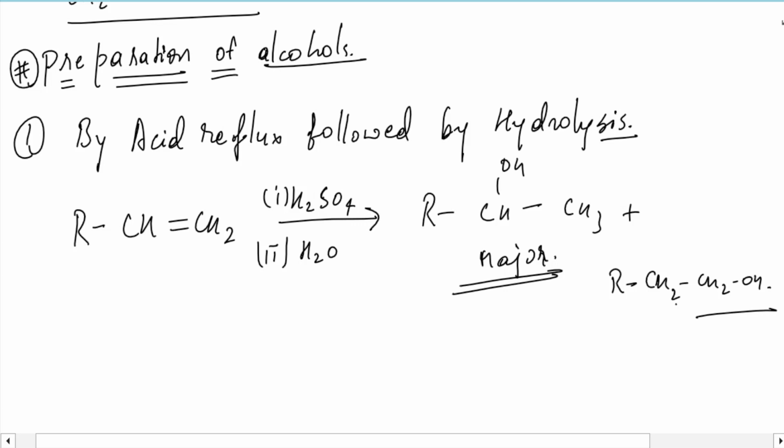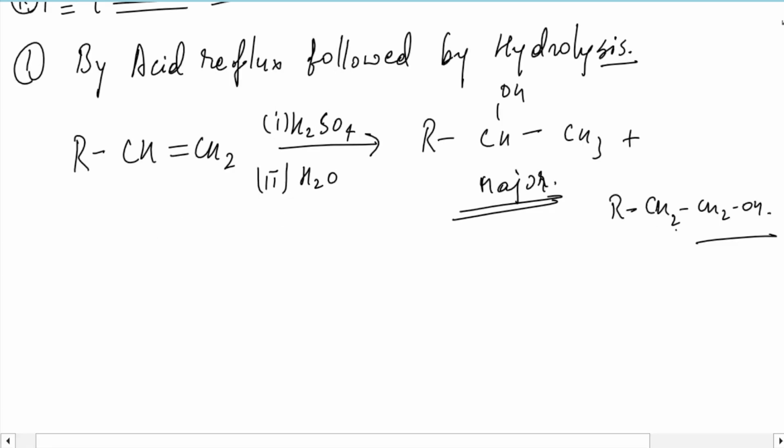So the secondary carbocation, if formed, is more stable as compared to the primary carbocation. That's why we can say the secondary alcohol is formed as a major product. So let's have a look at its mechanism.